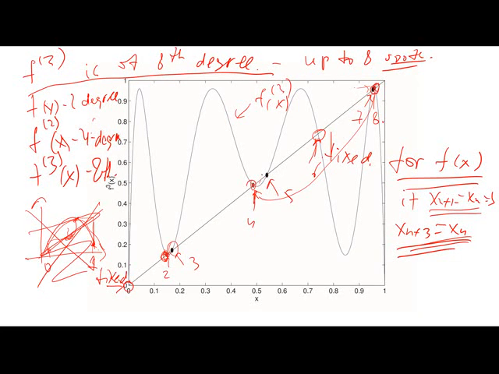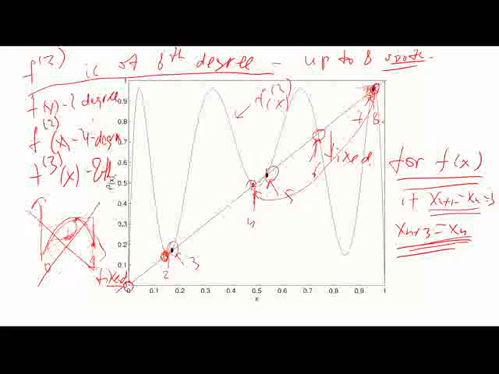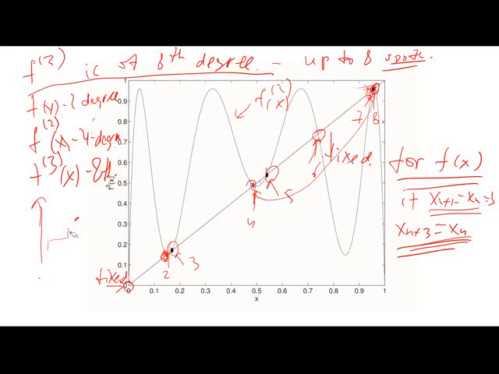This dark point, and this dark point. These three dark points shape another 3-periodic solution for the logistic map.